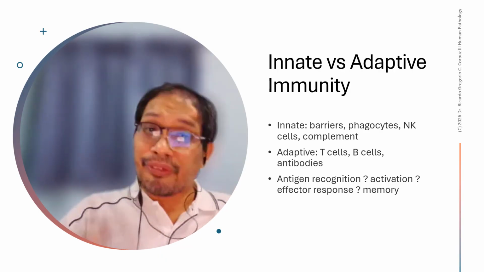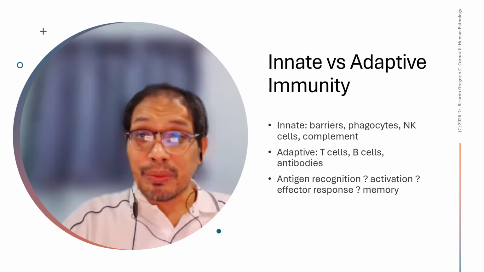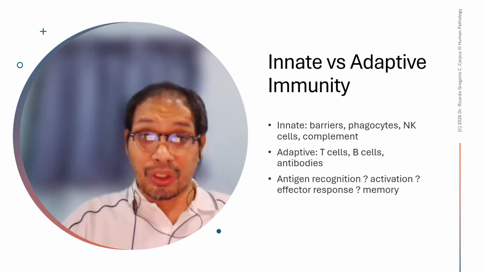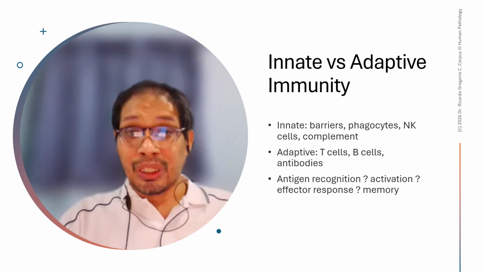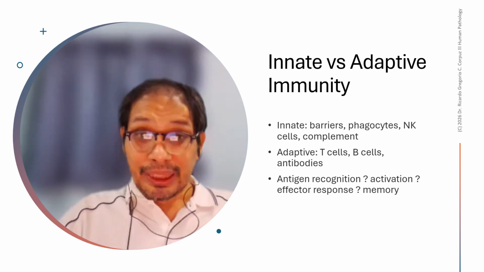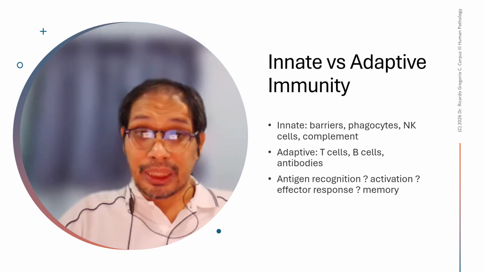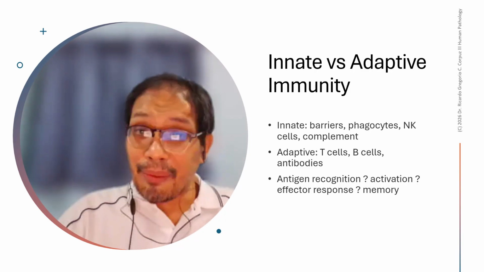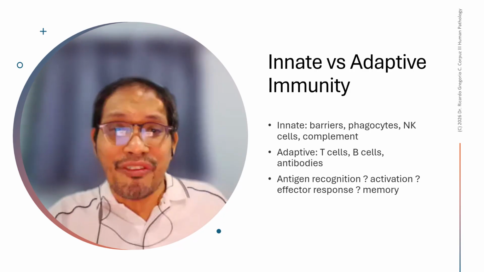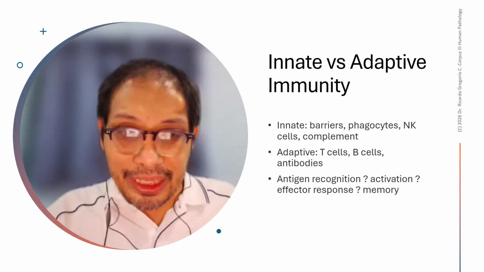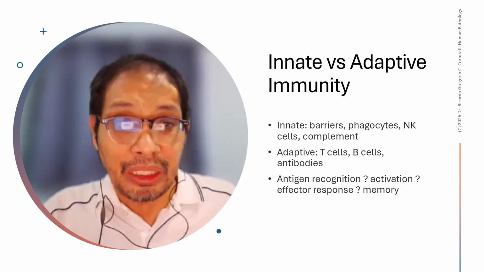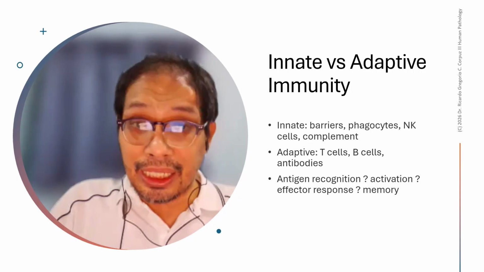So, failures in this step will cause what? Immunodeficiency. Overactivation or misdirected action will cause hypersensitivity and autoimmunity. So, with this foundation, we can now explore what happens when this system malfunctions, starting with hypersensitivity reaction, the classic framework for immune-mediated injury.